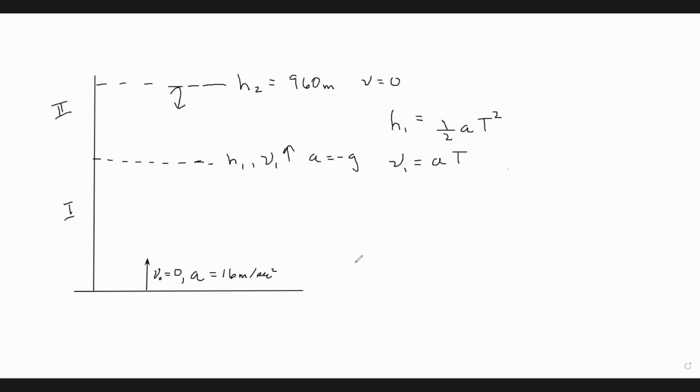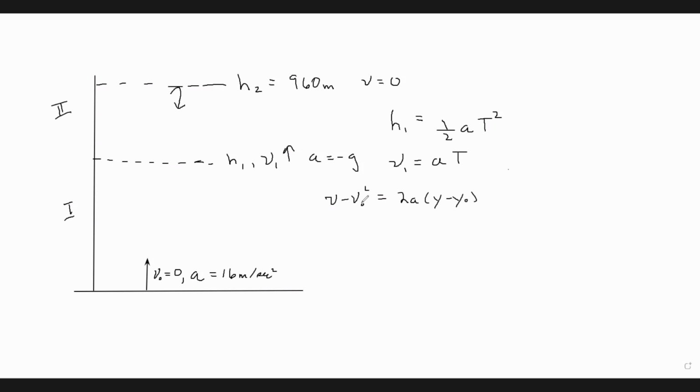So let's use our kinematic equation, V squared minus V0 squared equals 2A times y minus y0.